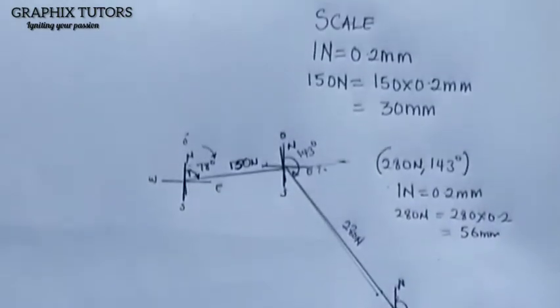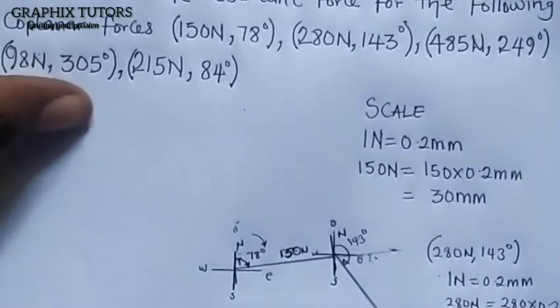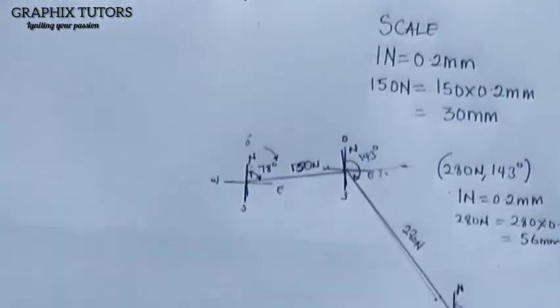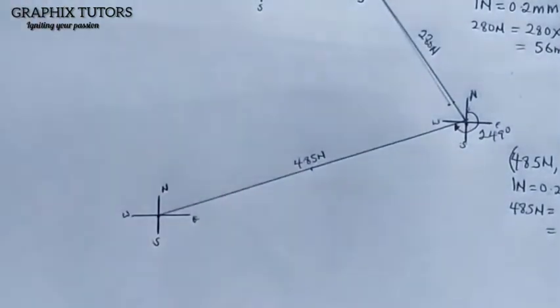So now I want to consider the next one, which is 98 Newton. Look at it here. The next one is 98 Newton to 305 degree. So we'll go there and do that. 98 Newton to 305 degree. So I'll do it here.